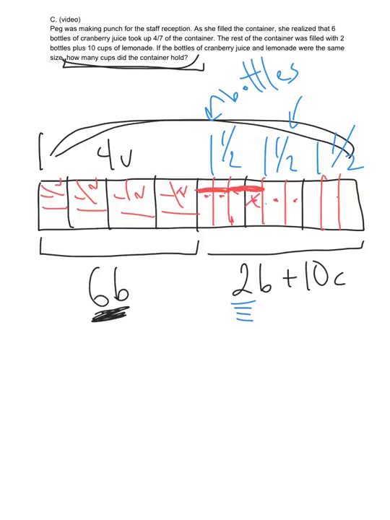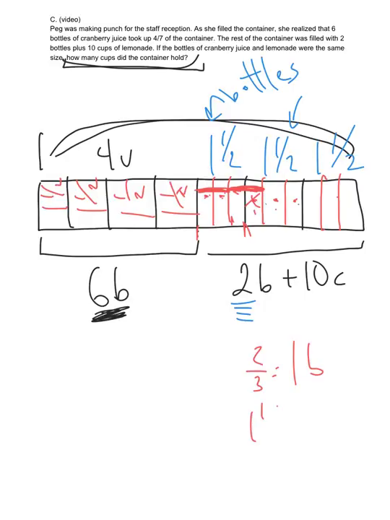So I could then say that, wait a minute, 2/3 is worth 1 bottle. Right? 2 out of 3 is 1 bottle. But 1 whole unit and 1/3 is worth 2.